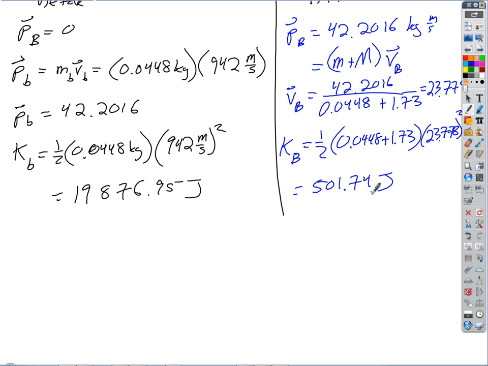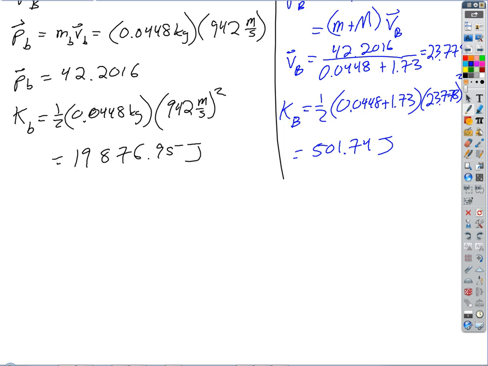It's a lot lower. We lost a lot of kinetic energy, didn't we? Is that surprising? Not really, because kinetic energy is dependent on the square of speed, but only linearly dependent on the mass. Our mass increased a little bit, but our speed went down a lot.